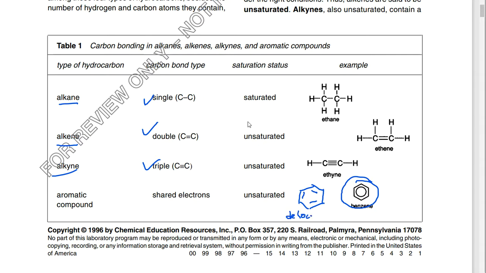This is called delocalization, and when we get a ring that shows us delocalization all the way around the ring, then this is an aromatic compound. Not quite 100%, but it at least gives us enough information to make it through this lab, and that's what this is all about.